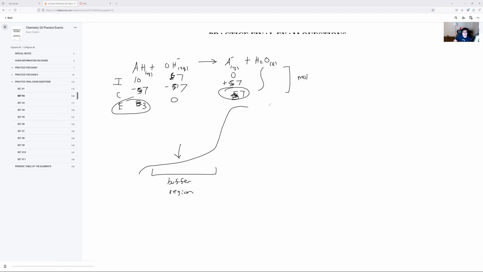But designing a buffer, I don't know. Did they start you with some weak acid or weak base, and then you added an acid or a base to convert it? Is that what they did?